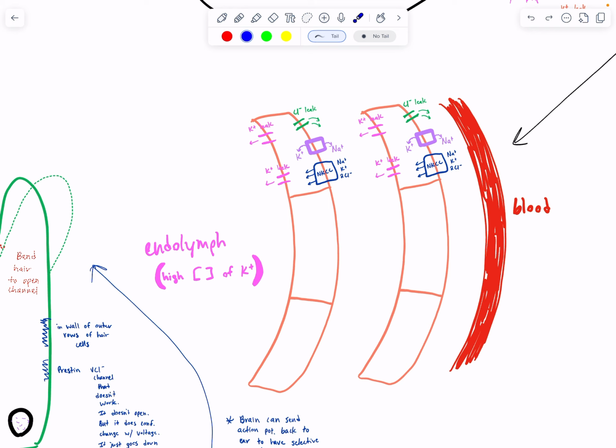With these channels, potassium is going to leak out and cause this to become full of potassium. Where the potassium is leaking, it's going to be really full of it. In this case, it's the endolymph in the scala media.